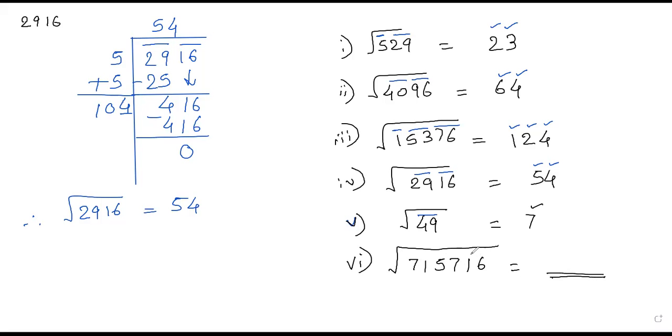Why 3 digits? Because there are 3 pairs. Correct. There are 3 pairs or 3 bars. Hence, its square root will have 3 digits. Yes or no? Yes, sir.